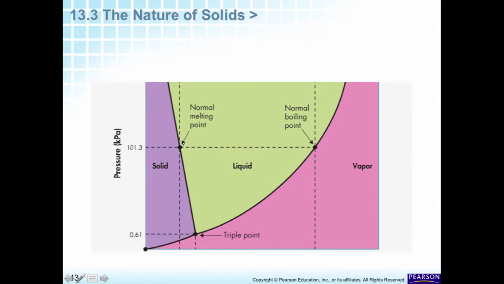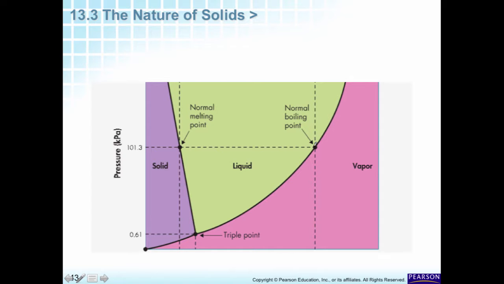We're looking at pressure and temperature. This is atmospheric pressure. The normal boiling point of something is when the vapor pressure of the liquid, over here, is equal to the ambient air pressure, usually 1 atmosphere.